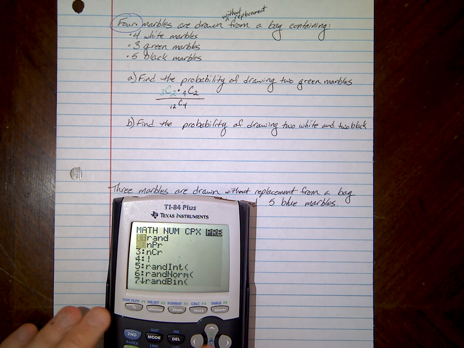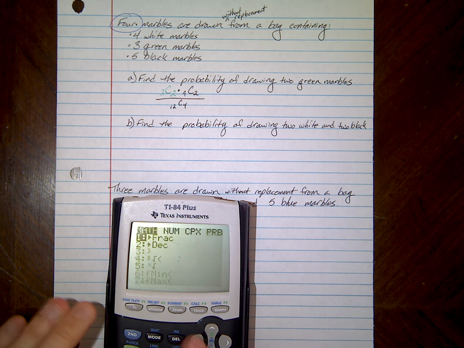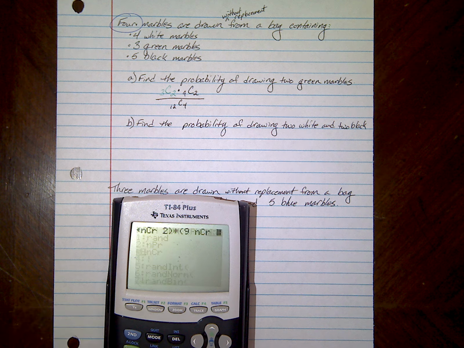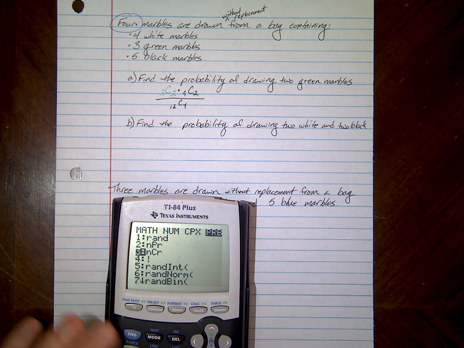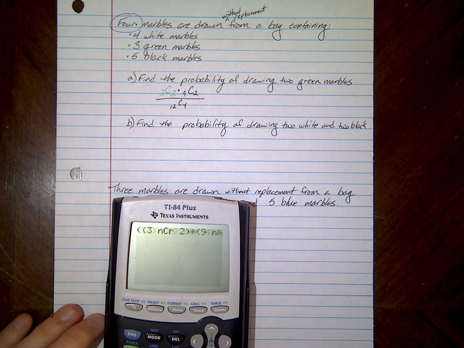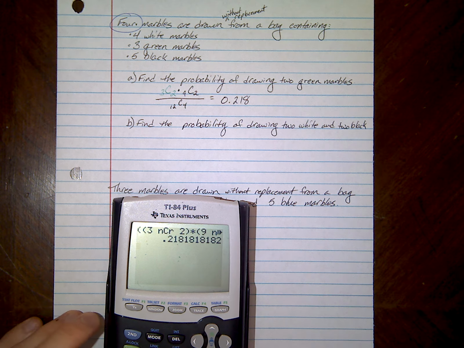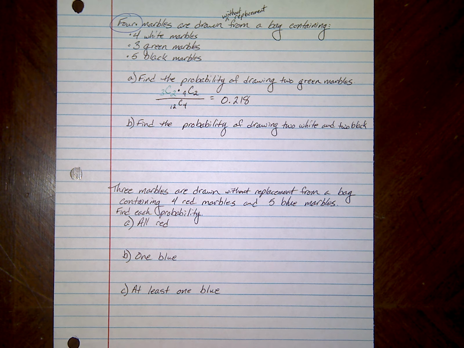So 3C2 times, let's double parentheses just in case, 3C2 times 9C2, close your parenthesis, divided by 12C4. If you do that all, 0.218. Okay, so almost a 22% chance.